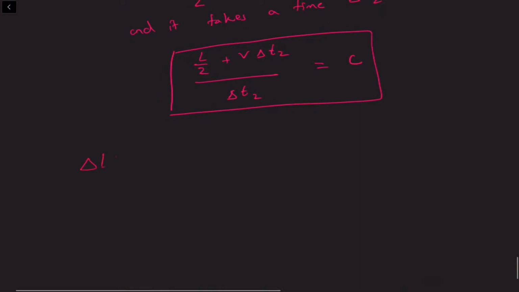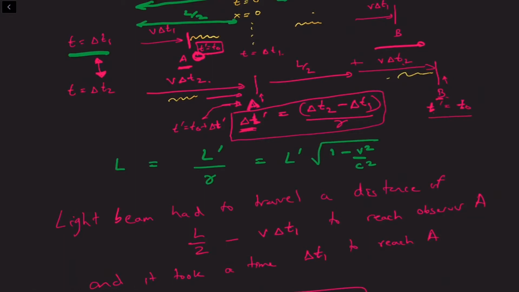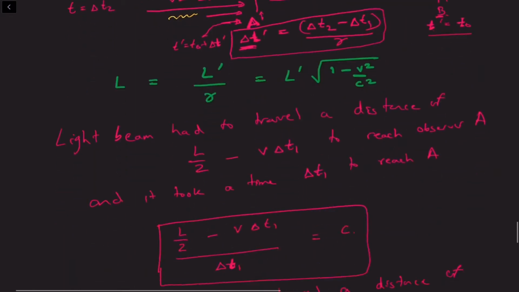So delta T prime is the phase offset of the train clocks as measured by the ground observers. And this phase offset would just be equal to delta T2 minus delta T1 divided by gamma.